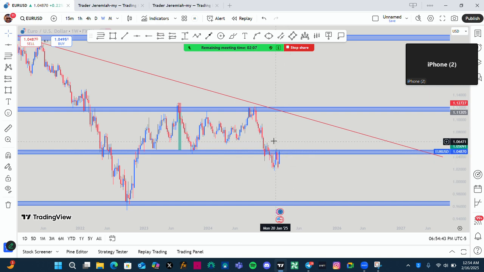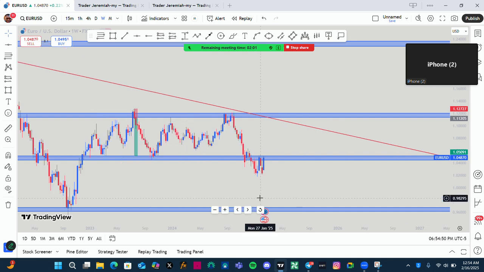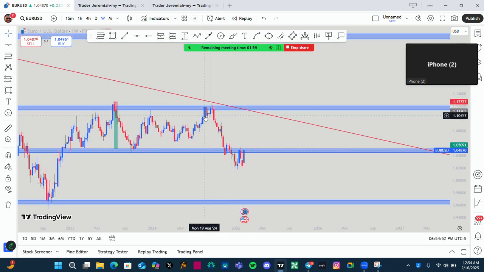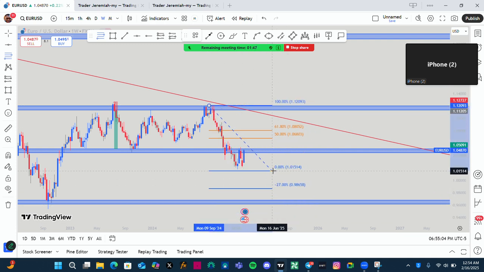Price needs to create a correction move before an impulse leg. So I think that's what is happening here right now. I was expecting price to head lower, but that's not happening. So I draw the Fibonacci level after seeing that price is finding it difficult to head lower, so I will draw the Fibonacci like this.